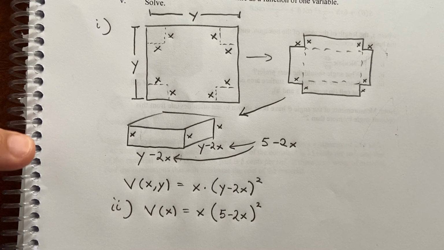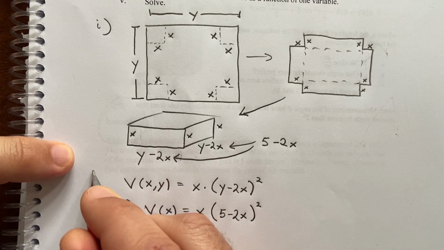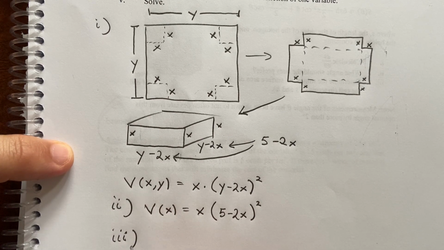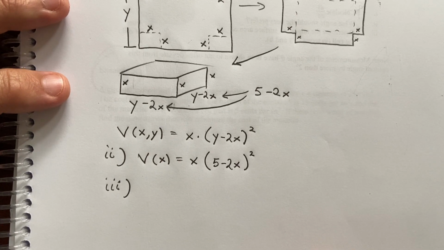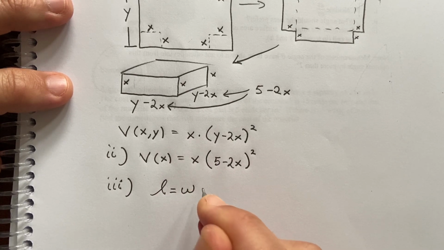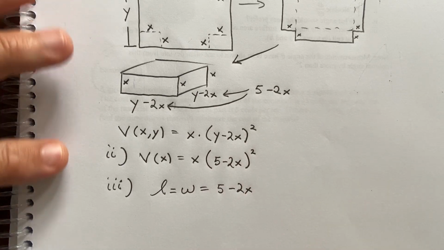Okay, so this basically would be part 2. Part 3 would be essentially relating the length equals the width of the box, which is 5 minus 2x.